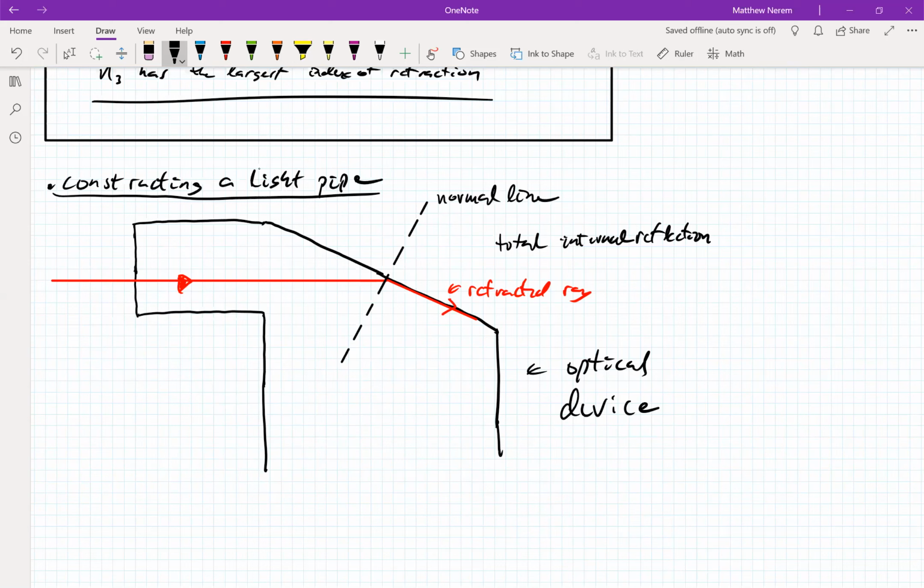You have this angle phi. So this is an angle you control when you make the pipe.